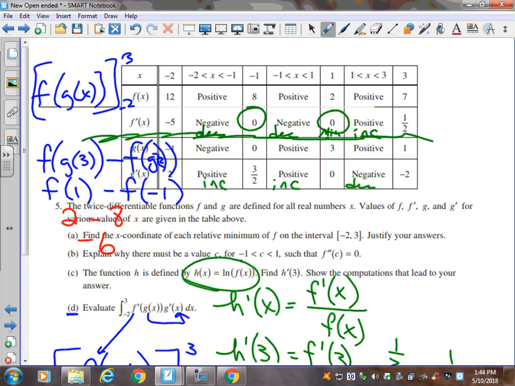Now, let's talk about how they grade it. You get 2 points for showing this and showing this. You get 1 point for the answer being negative 6.